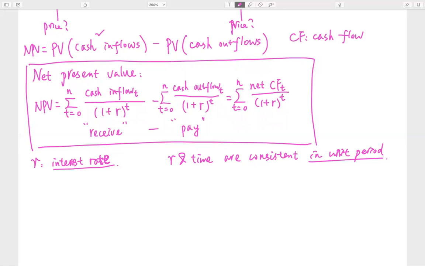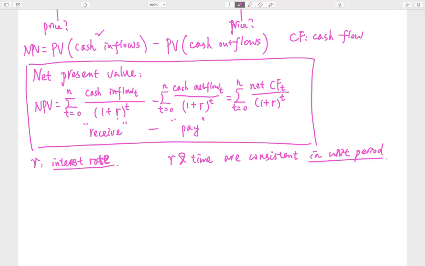What I mean is, if all the cash flows are on a monthly basis, so let's say you're supposed to receive something every month, then this r should be the monthly effective interest rate. If you expect to receive some money every quarter, then this r must be the quarterly interest rate.